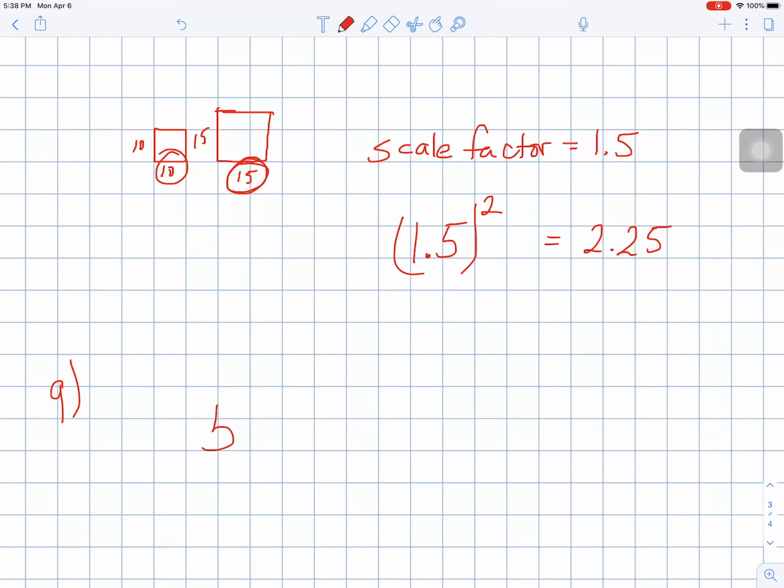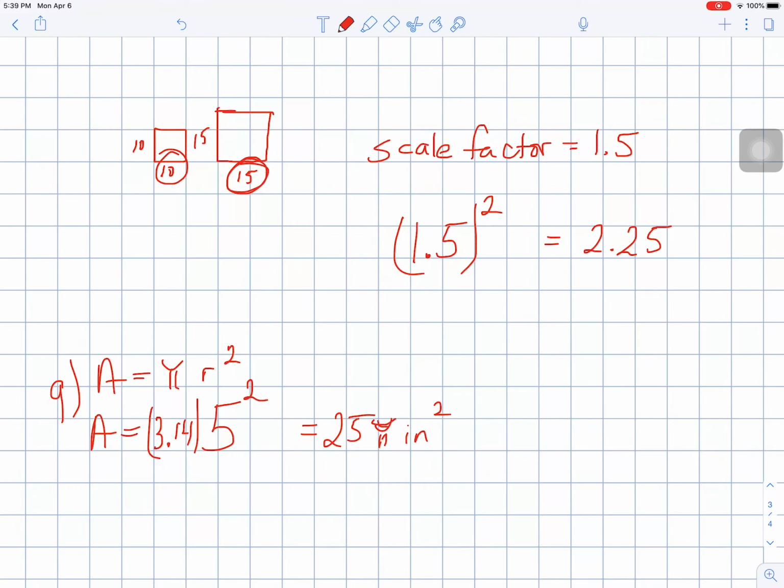So if you look at a 10-inch pizza, the radius is 5, and the area equals pi r squared. So it's 3.14 times 5 squared, which is 25 pi inches squared.